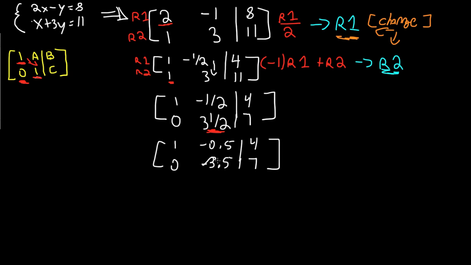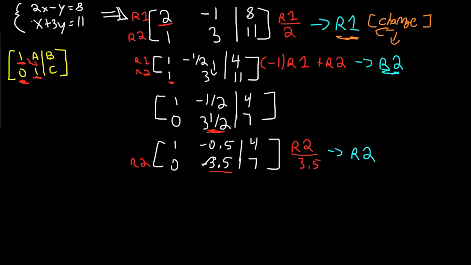So to get this to be a 1, what do we do? Well, we can take row 2 and divide that by 3.5. 3.5 divided by 3.5 is 1, correct? So we're going to divide all of row 2 by 3.5 to change only row 2.